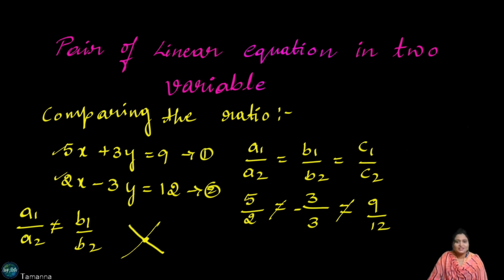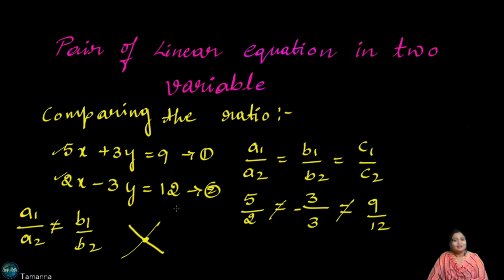So see here, 1 is equal to 1, but 1 is the denominator, 1 is not equal to minus 1. So this is not equal. Finally, we obtained a1 by a2 is not equal to b1 by b2. So this type of equation is an intersecting line.